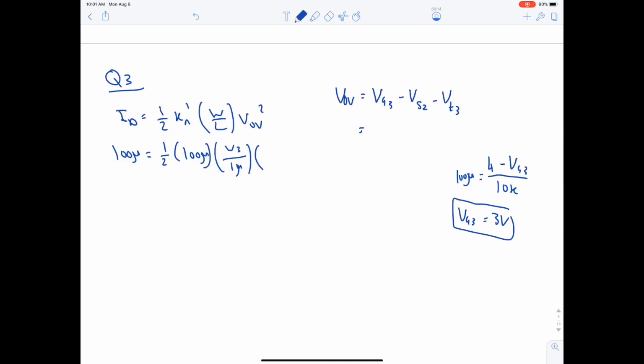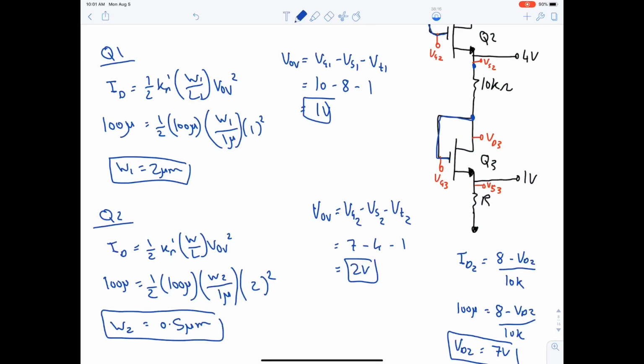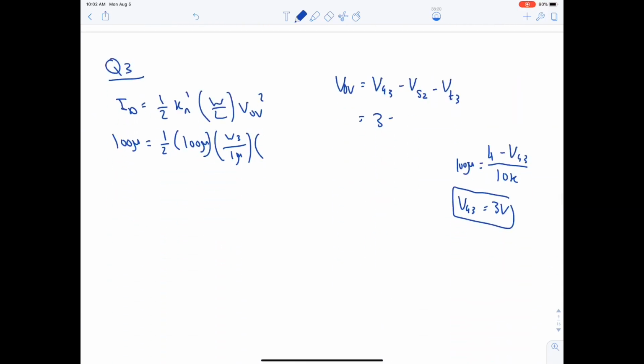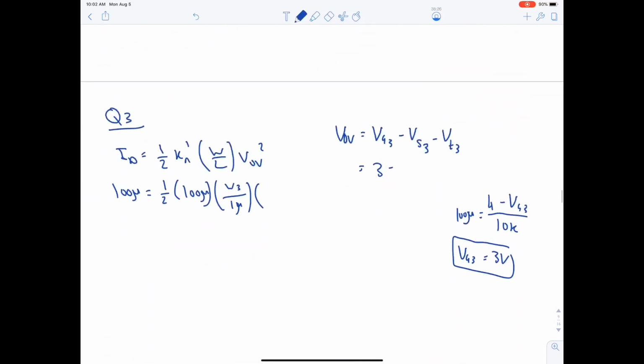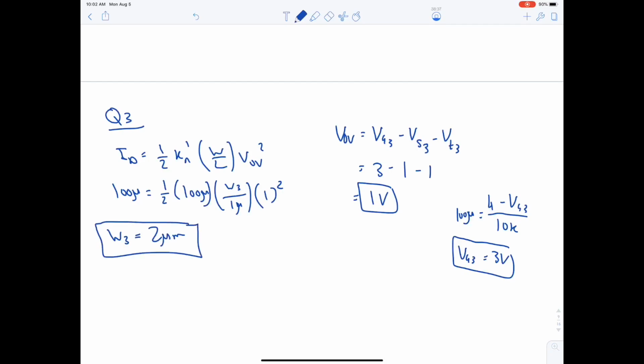Okay, so it's 3 minus S3. It shouldn't be S2, it should be S3. So S3 is 1 and T is 1. 3 minus 2, it's 1 volt, so 1 squared. W3 is equal to 2 micrometer, as simple as that.